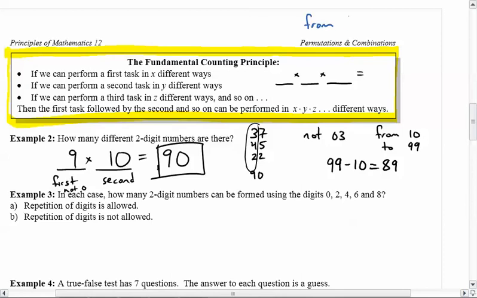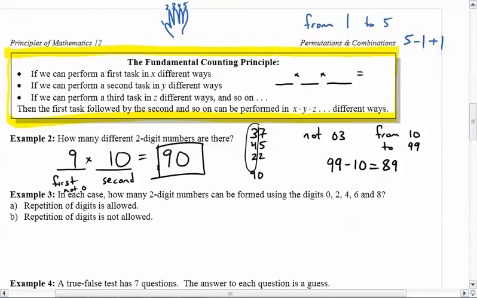If you want all the numbers from 1 to 5, you can count that out on your fingers. That's actually 5 numbers. You can't just go 5 minus 1. You actually have to go 5 minus 1 plus 1.